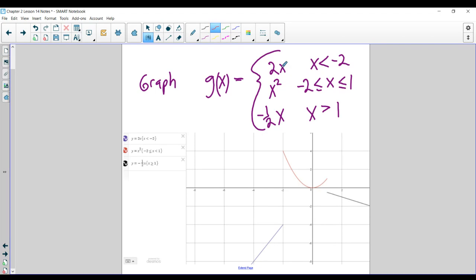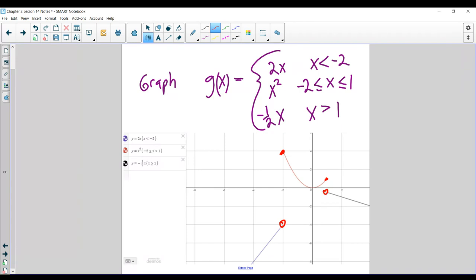So on the first part here, for 2x, when x is less than -2, that would be this part right over here. When you go to draw it on your graph, that would be an open circle there. Then for the x squared, because both of those pieces are equals, those would be closed circles at the ends of those. And because this one's not equal to, you would have an open circle at the end of that one.